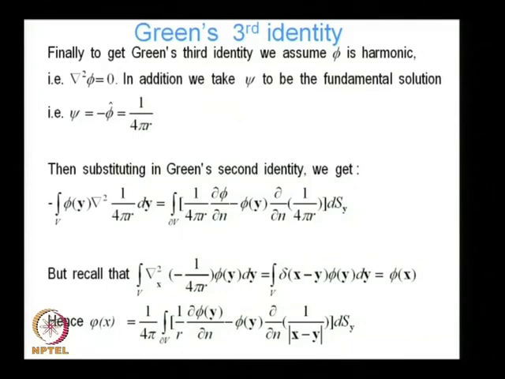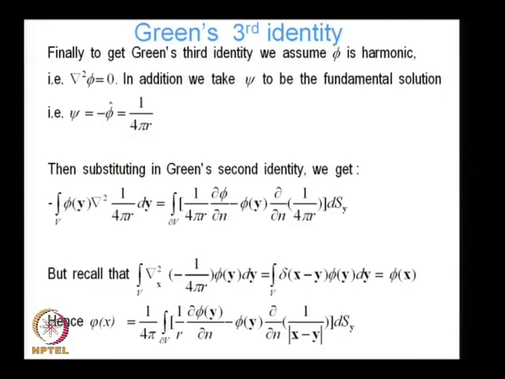I want to find a function which satisfies Laplace's equation, and I know the value of the function at the boundary and the gradient at the boundary. If I know that, I know the function straight away. So, given the boundary conditions, I know the function. That is why Green's functions are so powerful.